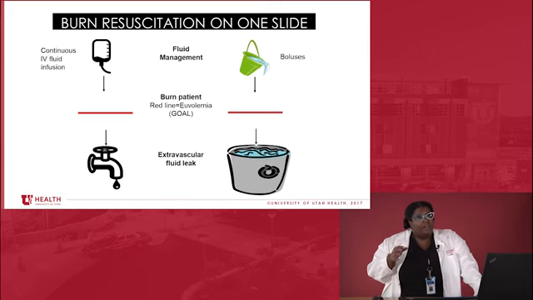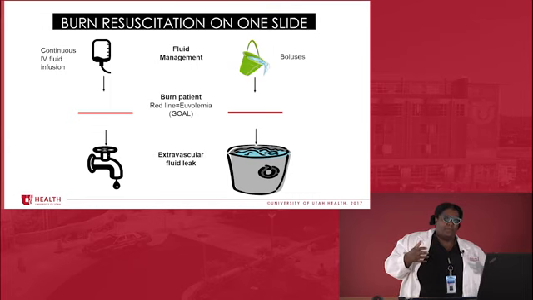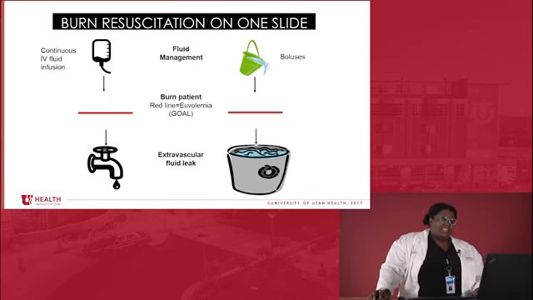So if you're not careful, all your fluid's going to go out into the interstitium and you won't get anything in the vessels, and that's a problem. And so we want to get to euvolemia. This is our goal. And we're looking at extravascular fluid leak. So this is your extracellular space. And this is what a bolus looks like. And this is what it looks like when we're just giving an infusion.